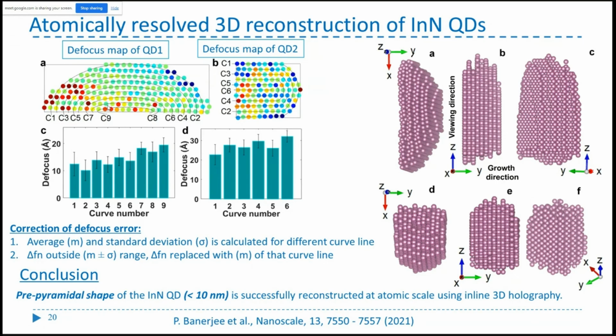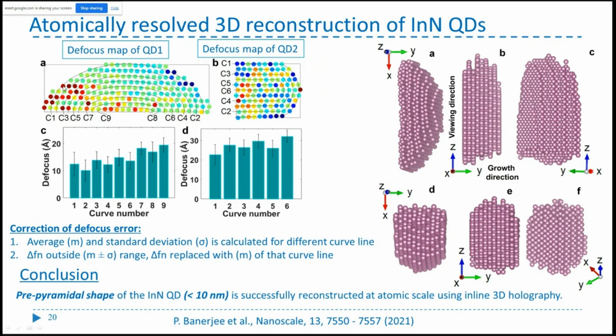If you take a quantum dot and see it from the hemisphere, at the periphery all atomic columns will have the same height. So what we did, we took the atom count for each atomic column here, for column number 1, column number 2, all the columns, and calculated the mean value and standard deviation, and see which atomic column is going out of this.